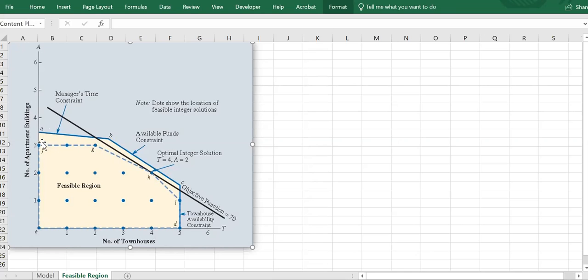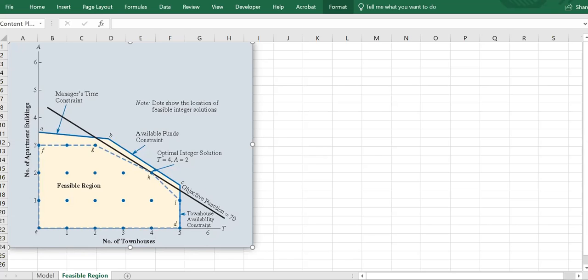And if you can manage to have your convex hull defined only on these corners, when you solve this, it's definitely going to give you one of these corners that is actually feasible in terms of your integer constraint, right?